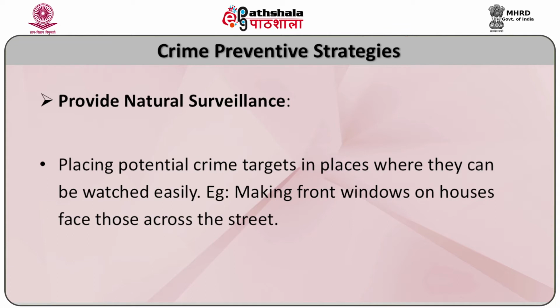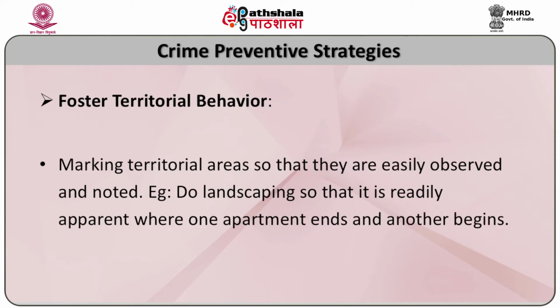Provide natural surveillance, placing potential crime targets in places where they can be watched easily, such as making front windows on houses face those across the street. Foster territorial behavior, marking territorial areas so that they are easily observed and noted. Example, do landscaping so that it is readily apparent where one apartment ends and another apartment begins.